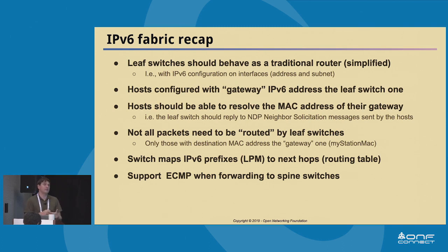In this case, we expect to find a MAC address that is assigned to the switch. Finally, the switch provides a routing table that maps IPv6 prefixes to next hops. And we also want to support ECMP, meaning the ability of load balancing traffic across links to the spines.